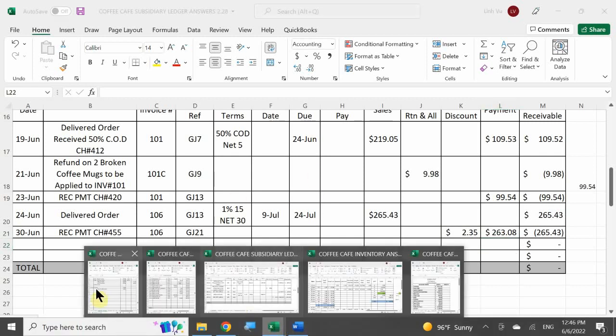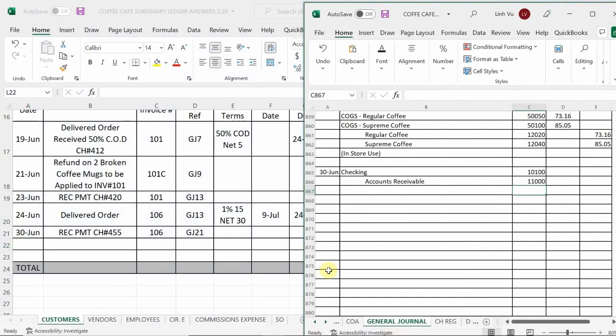So I need to record this. It's going to be sales discount, which is $2.35. And now we can record that the accounts receivable is decreased.